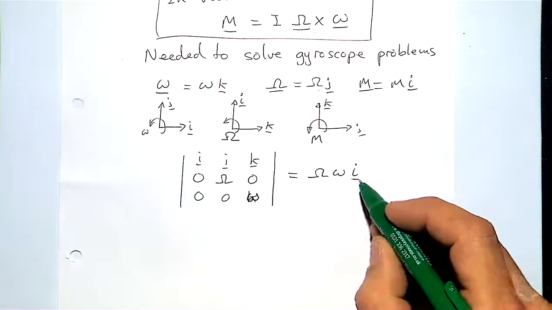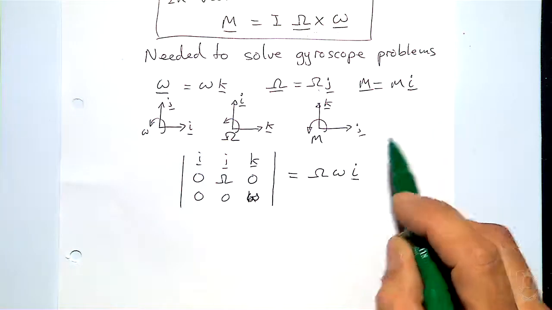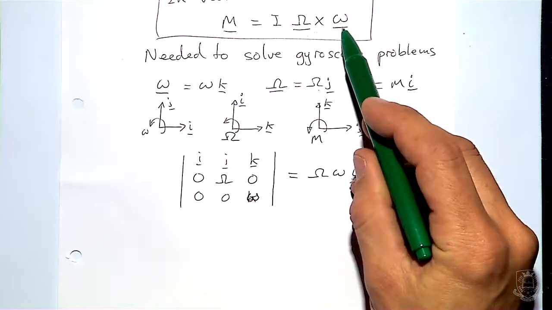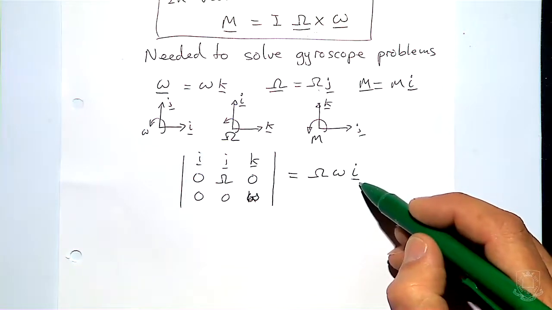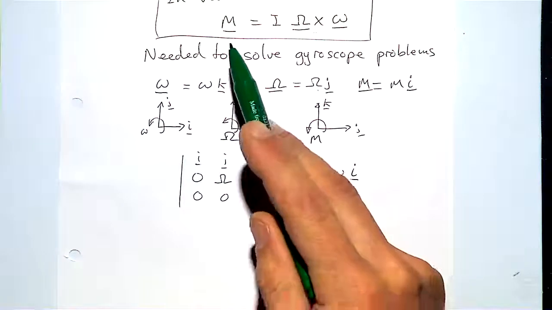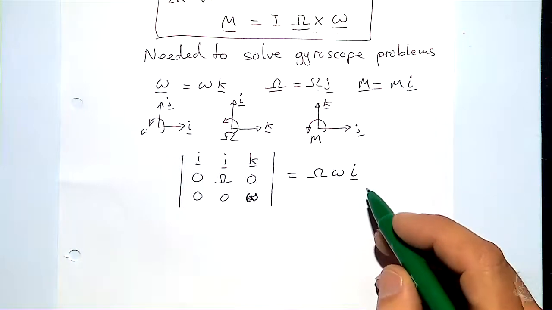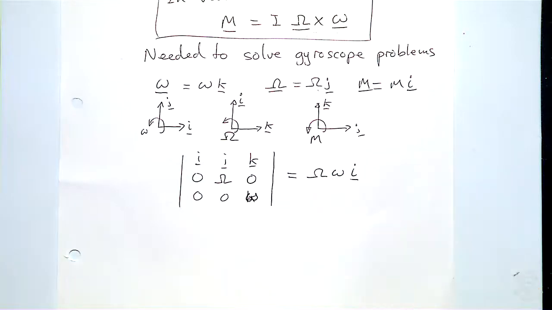So what this is saying to us is that if we do a cross product, we've got precession rate in the j-axis, we've got spin in the k-axis, but the cross product gives us something in the i-axis, which is exactly what the moment is defined as, isn't it? The moment is defined as some scalar quantity multiplied by the i-axis to tell us it's a rotation around i.